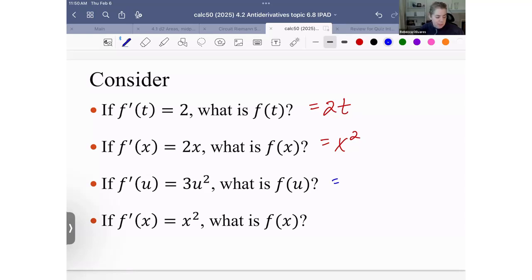U cubed. That's right. U cubed. And then if the derivative was x squared, what was the original function? This is a little challenging. 1/3 x cubed. Yes, Ben, 1/3 x cubed. Okay. So we're going to get into how to figure that out without sort of having to think backwards.